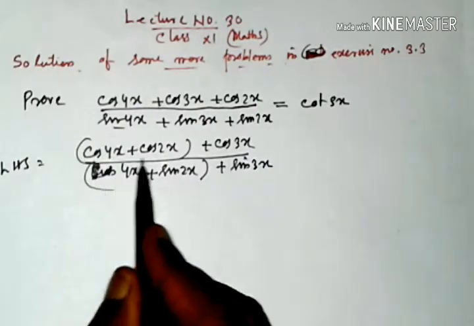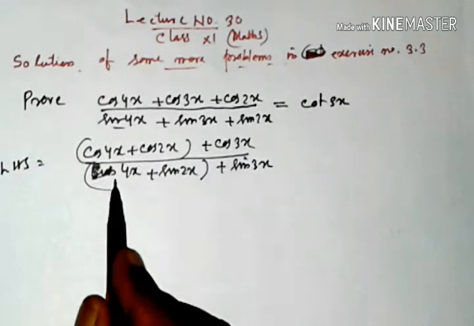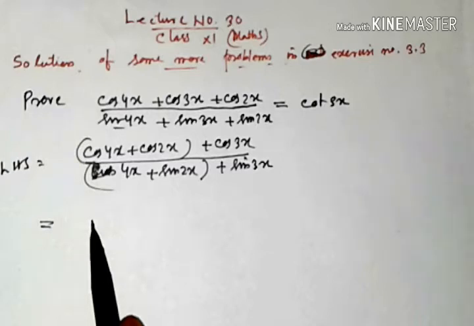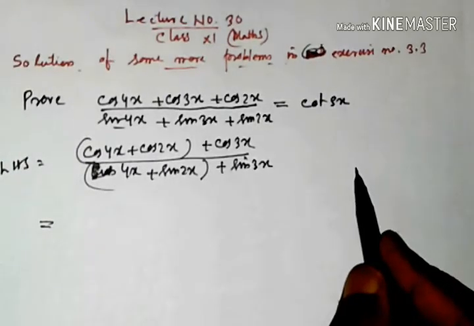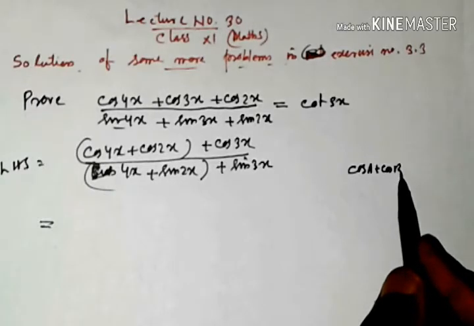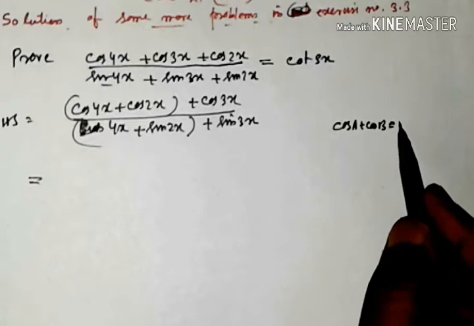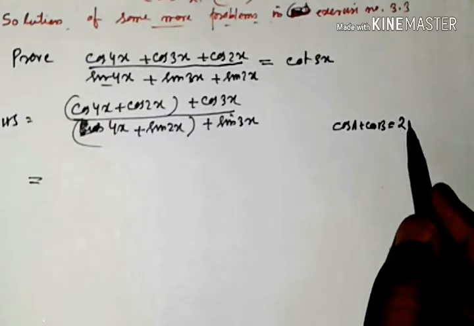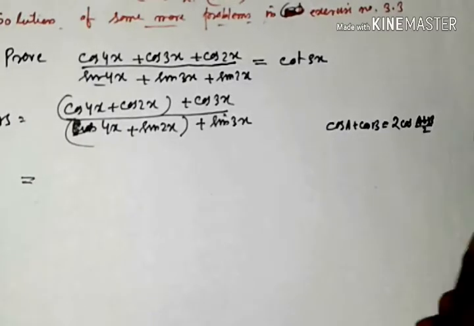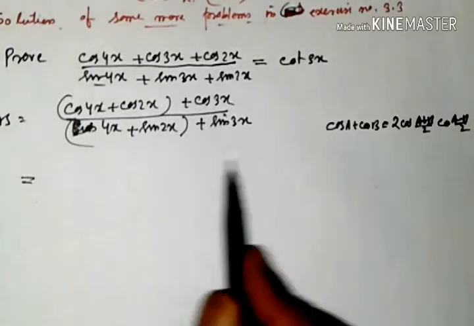We have to apply the formula for cos A plus cos B in the numerator and sin A plus sin B in the denominator. I have discussed this already earlier. Cos A plus cos B is 2 cos (A plus B) by 2 cos (A minus B) by 2.